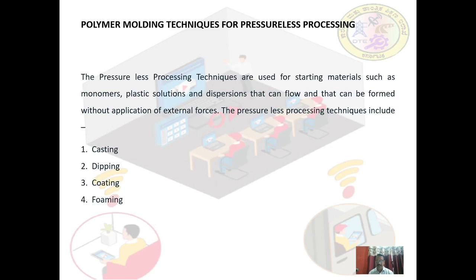Film casting is mainly used in the photographic industry for the manufacture of cellulose acetate films.